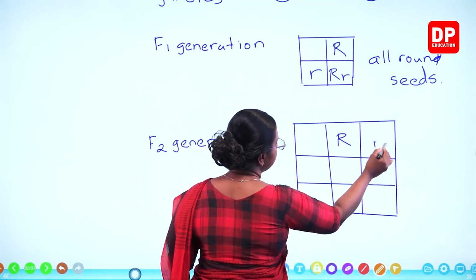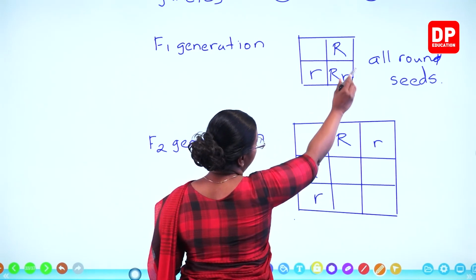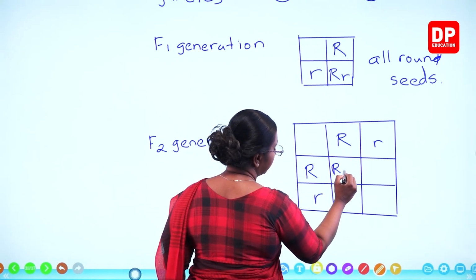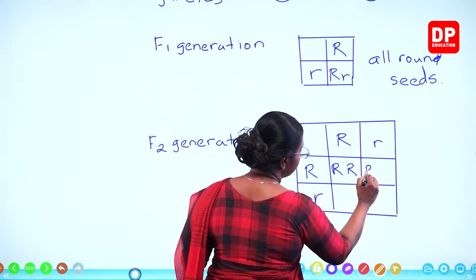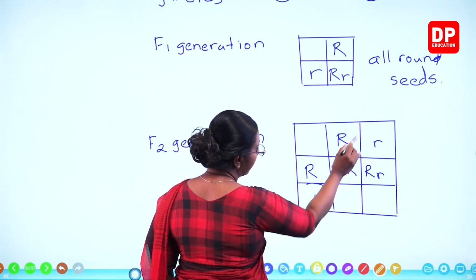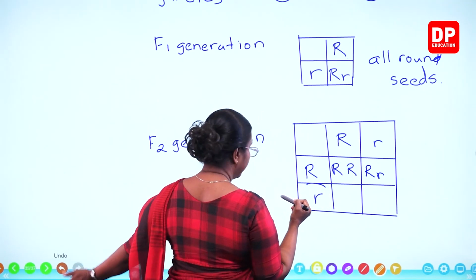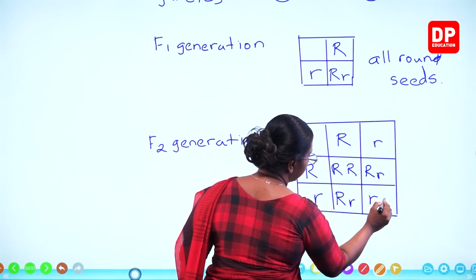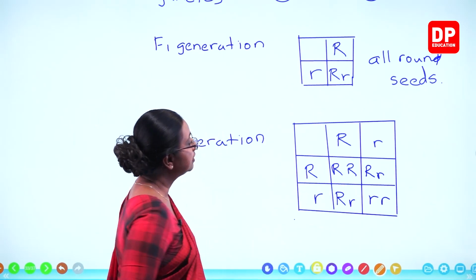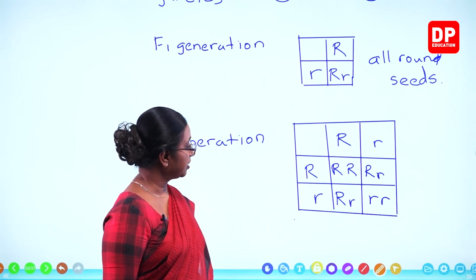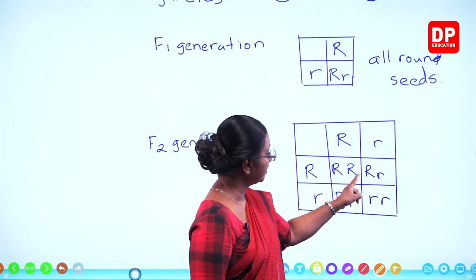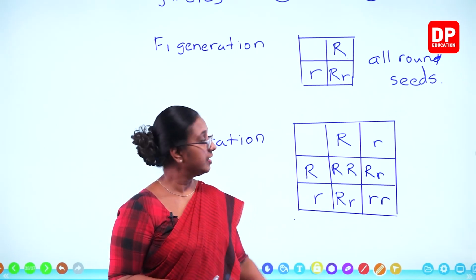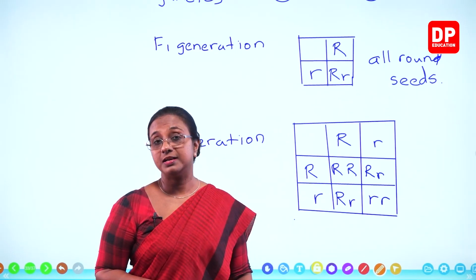So capital R, simple R, capital R, simple R. All are heterozygous. Then the combination of R and R, capital R, capital R, capital R and simple R. Then you have the simple R here, capital R there, but we write the capital R first, then simple R and simple R here. So you get the F2 generation, homozygous dominant, heterozygous dominant, and heterozygous recessive. That is how you show using the Punnett square.